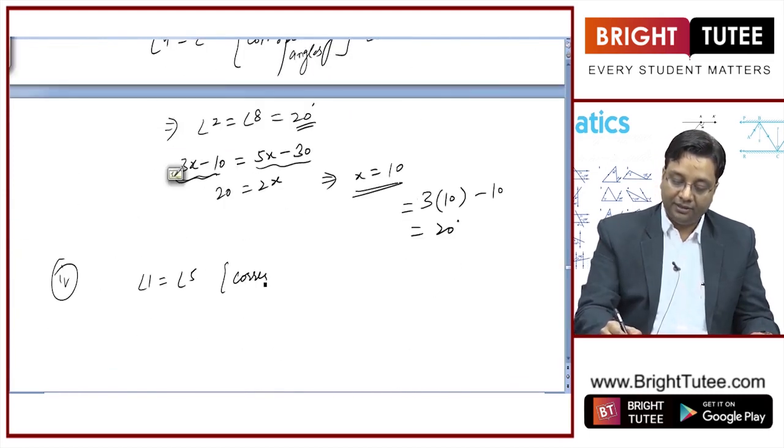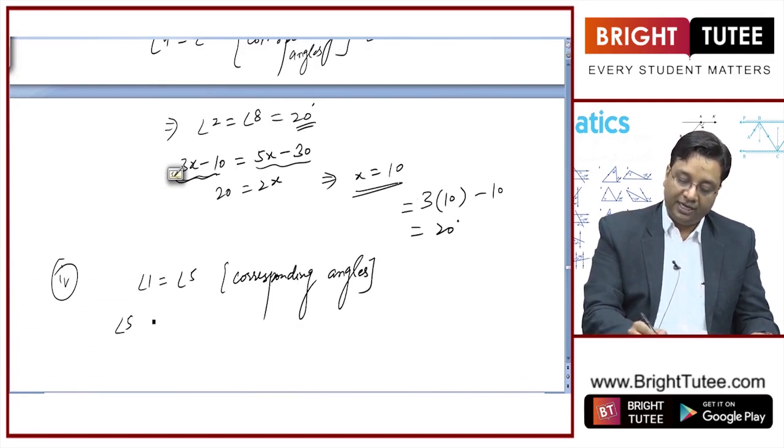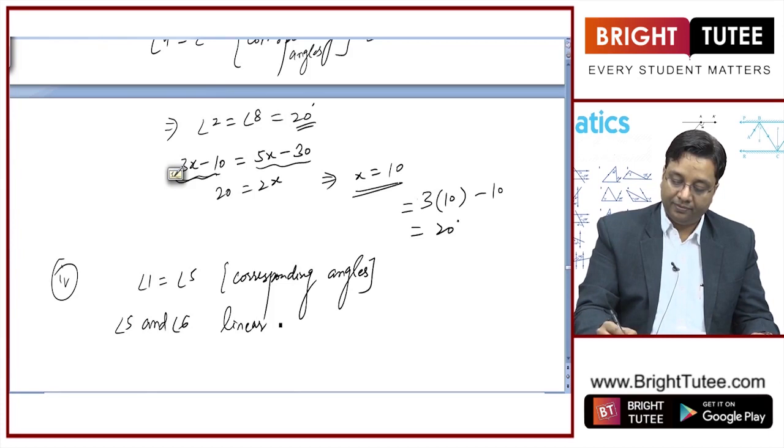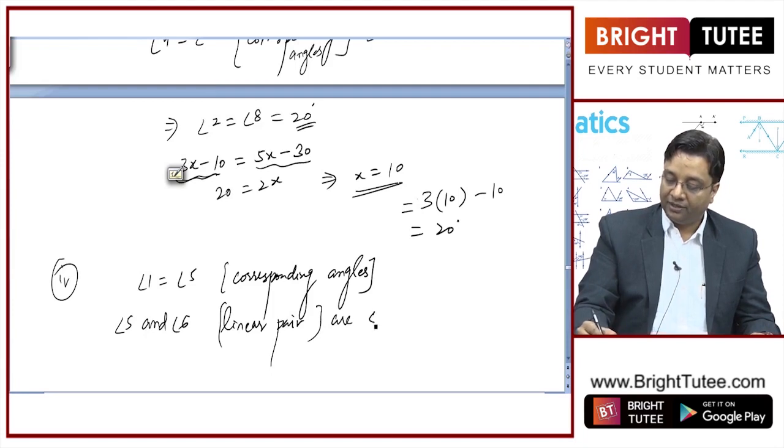These are corresponding angles. Angle 5 and angle 6 are a linear pair, so angle 5 and angle 6 are supplementary.